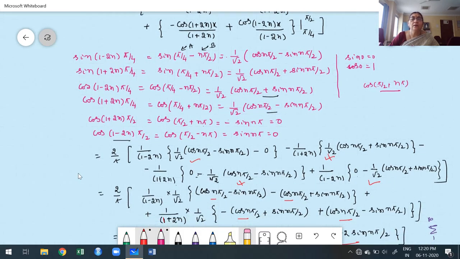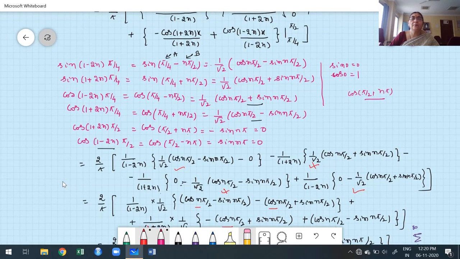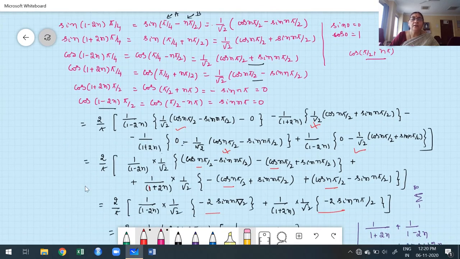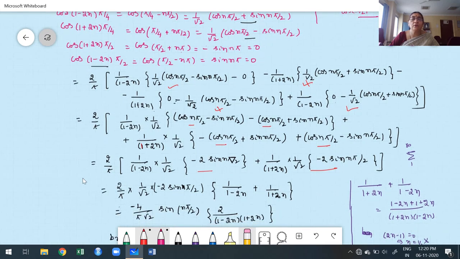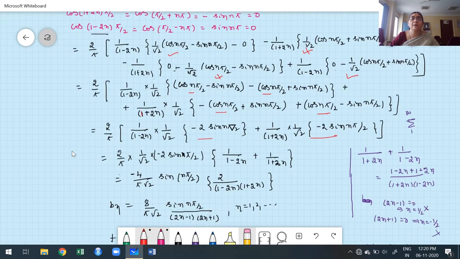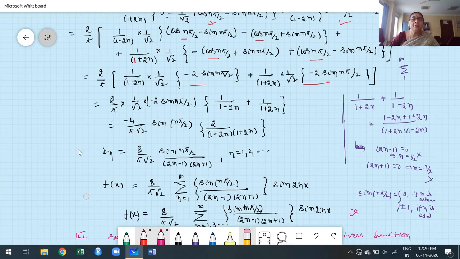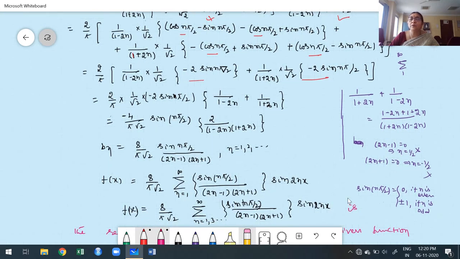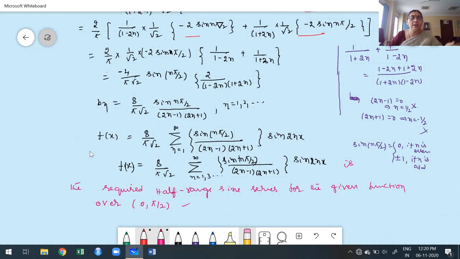I think you are clear on how I did it. I took much time to explain this, it's not necessary to explain it again. Finally, if you want, leave it like this, but you know what sin n pi by 2 is. Instead of taking 1 to infinity, you can take only odd cases. This is a way to solve the problem.